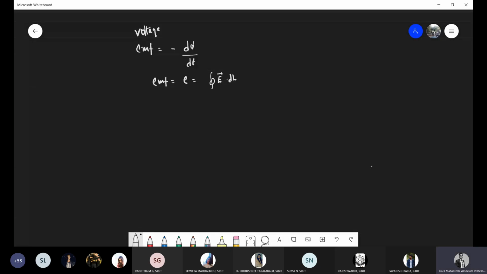And this will be the voltage with respect to a specified closed path. This is a voltage with respect to a closed path which is specified.